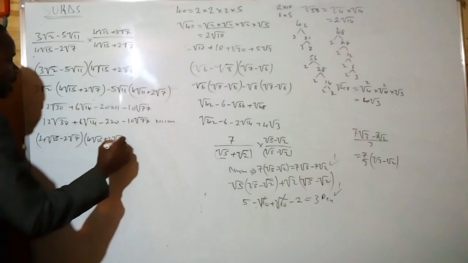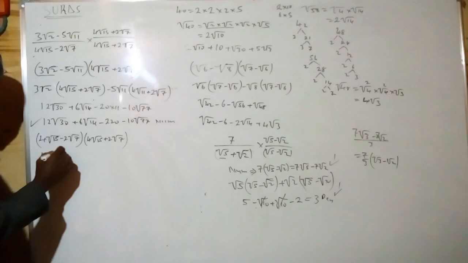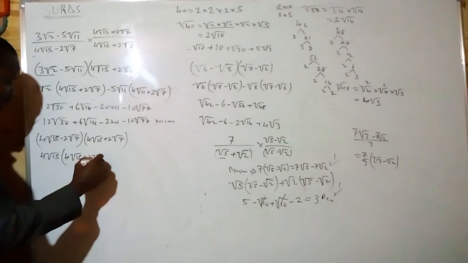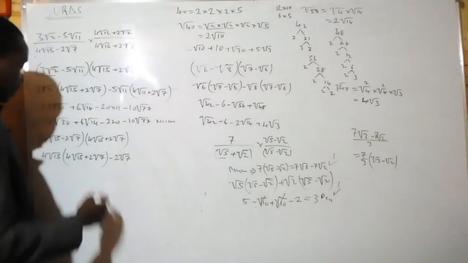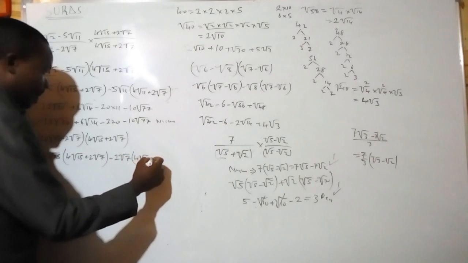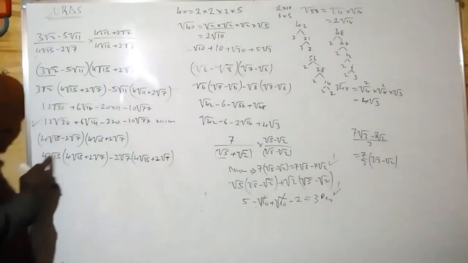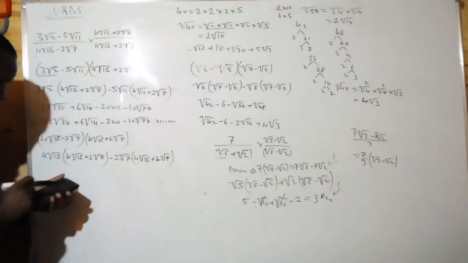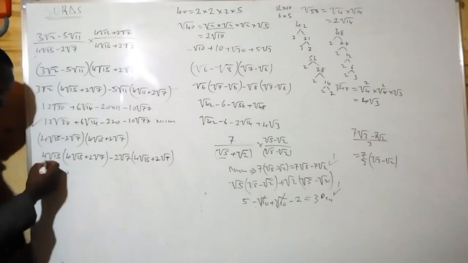We have first 4 root 15, then the bracket 4 root 15 plus 2 root 7, close the bracket, negative 2 root 7, open the bracket, 4 root 15 plus 2 root 7. You expand. 4 times 4, it's 16. 16 root 15, root 15, 15. So you're going to say 15 times 16, and this is 240.